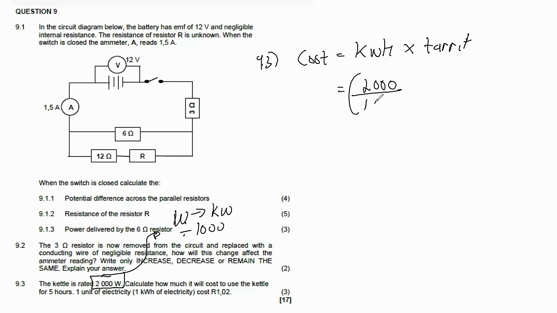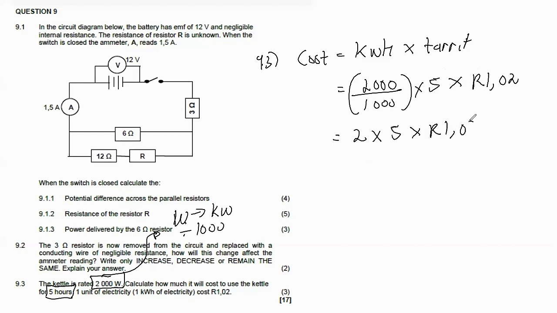So that's what we are doing here. That's 2000 divided by 1000, then multiply by the given hours. So always remember, if it is given in minutes, you have to convert those minutes into hours by dividing by 60, right? So multiplied by 5, and then what's the tariff? That's 1 rand 0.02. So now the 2000 divided by 1000 will give us 2 kilowatts, and then multiplied by 5, multiplied by 1 rand 0.02.